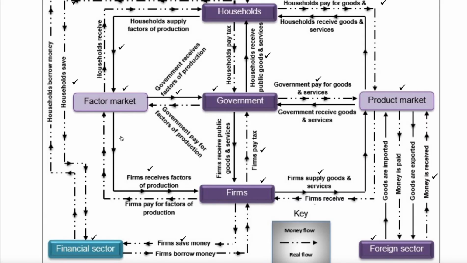So firms are receiving factors of production from households, since households are the owners. In return, firms will pay for the factors of production. So to them, it's expenditure. So firms pay for factors of production to households, and that becomes income for households. Now, all this is happening on the factor market, so we might as well define it. It is a market where factors of production are traded.